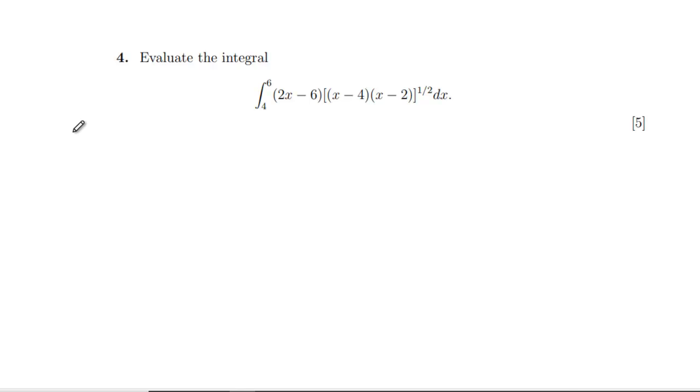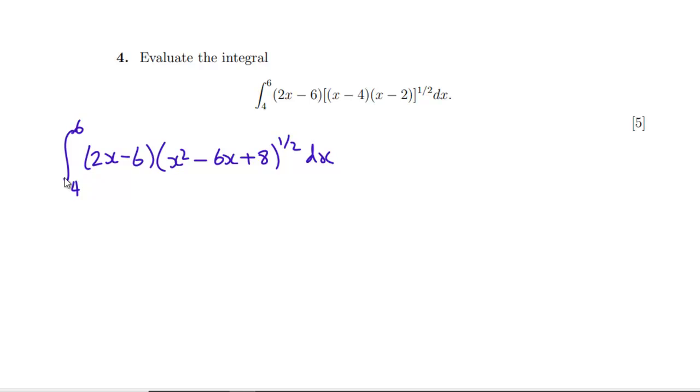So that's going to be the integral from 4 to 6 of 2x minus 6 times x squared minus 6x plus 8 to the half dx. So that's fine, because if we differentiate the right hand bit, we get the left hand bit.